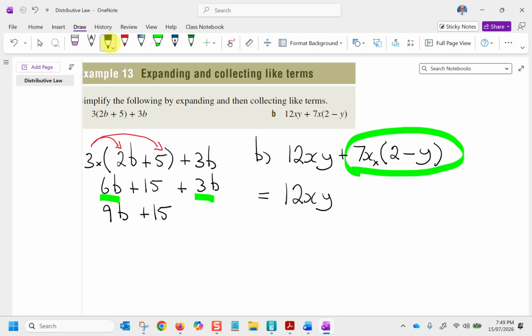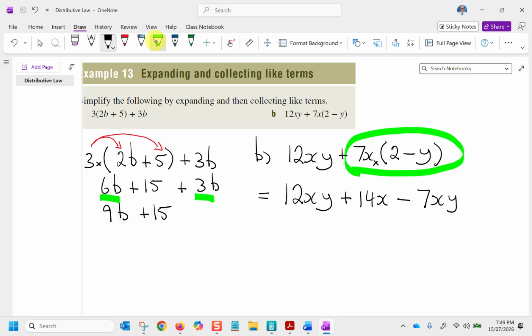Now, 7x multiplied by 2 is 14x. It's a positive multiplied by a positive, so this term is positive. Then I have 7x multiplied by y, that is 7xy. Now this one was a positive multiplied by a negative, so the result is negative.